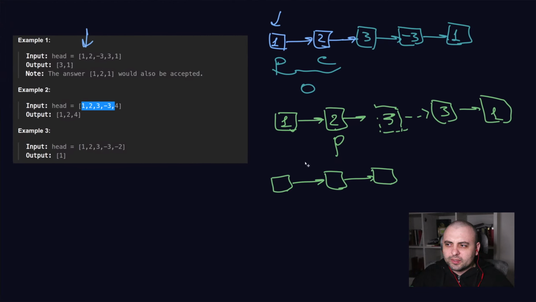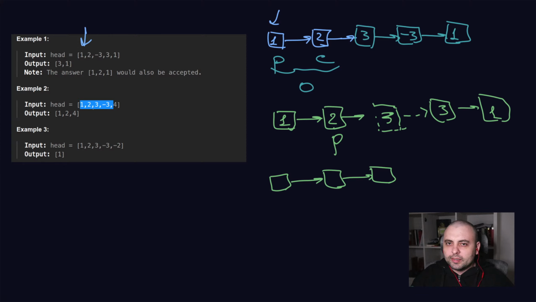Maybe that's even a good idea to transform this into a list, do the cleanup, and then transform it back to another list. Maybe that's actually a viable approach to solve it, an easy way.